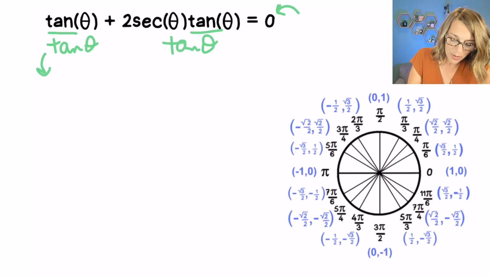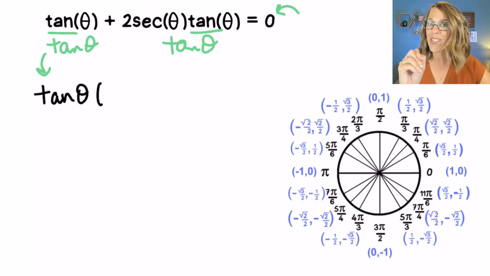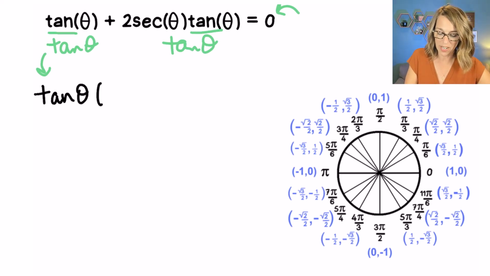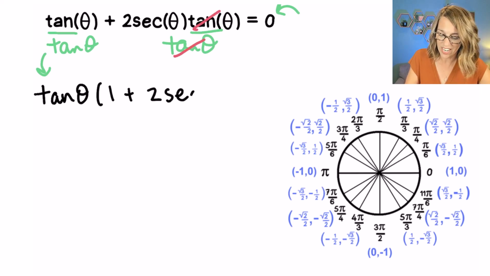So on the outside of parentheses, I end up with a tan theta. And then inside the parentheses, I've got tan divided by tan, which is 1, plus 2 secant times tangent divided by tangent. I can cancel those tangents, and I end up with plus 2 secant theta equals 0.